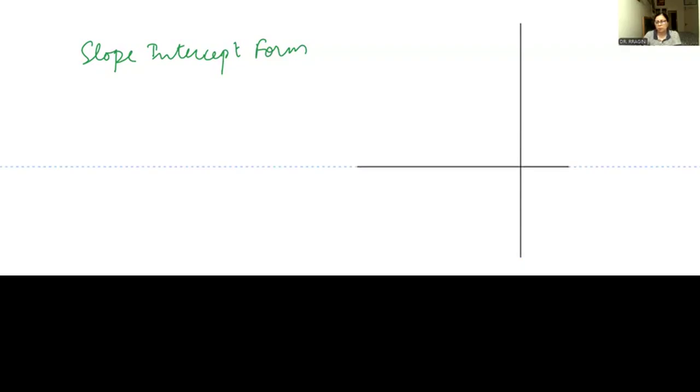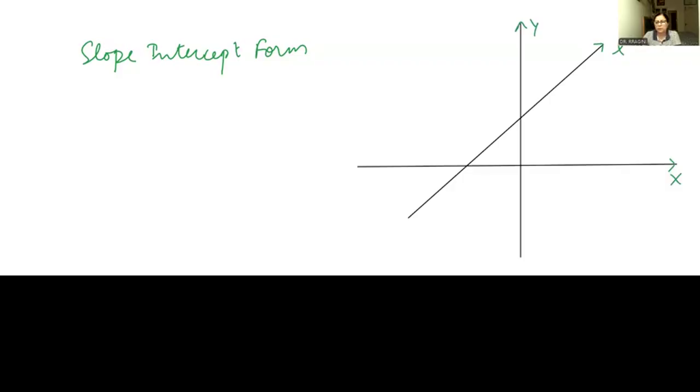We very well now know what the slope is. This is the line L. This is the y-axis. This is the x-axis. Now, somehow we can find the slope, and there is no point given to us.